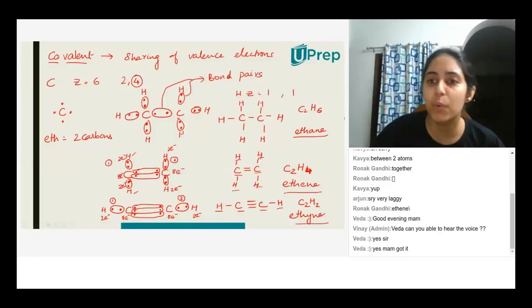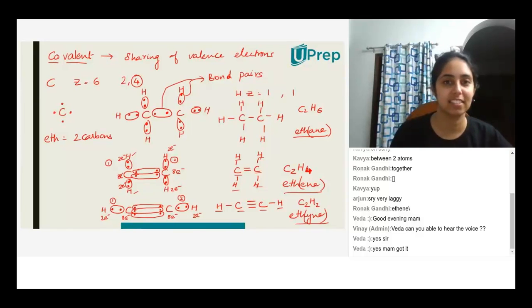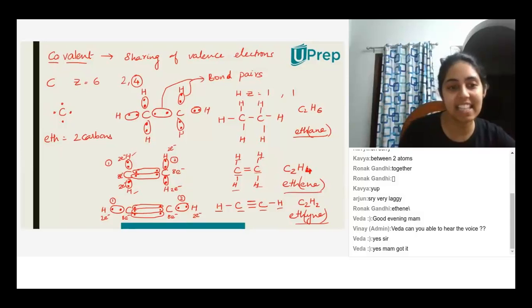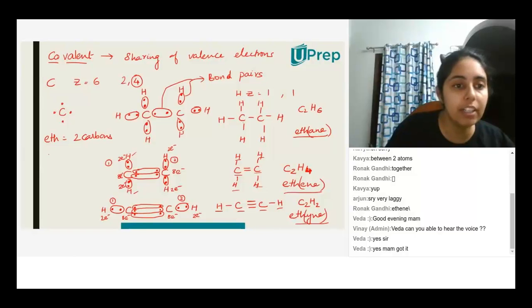All right. So what do you think this ane, ene and ine mean? The number of bond pairs. Yes, that is right. So if you look at the number of bonds between these 2 carbon atoms, it's just 1 bond. So whenever I have 1 bond, it is ane.